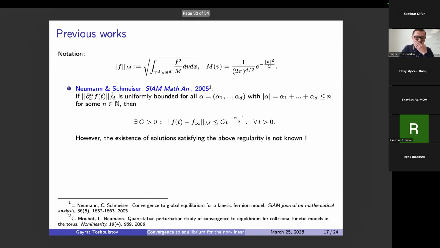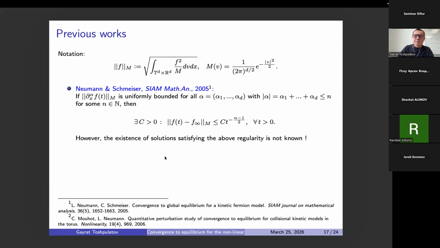Sorry, uniformly bounded with a constant which may depend on alpha? Yes, but it should not depend on t, uniformly in t.